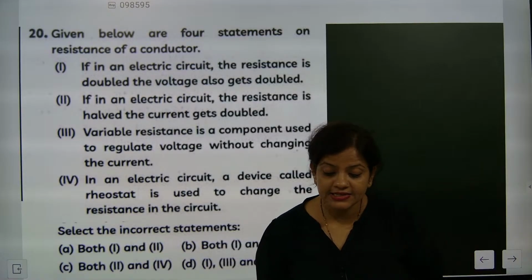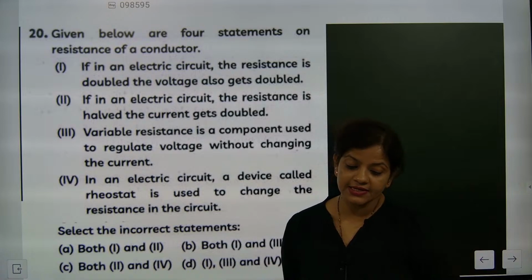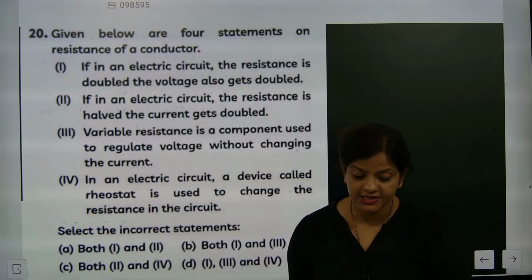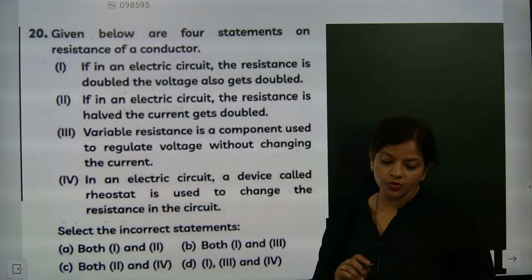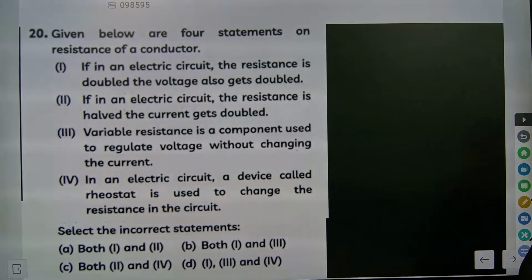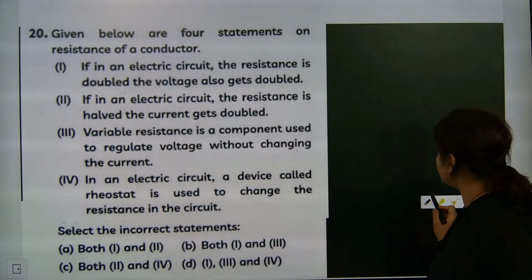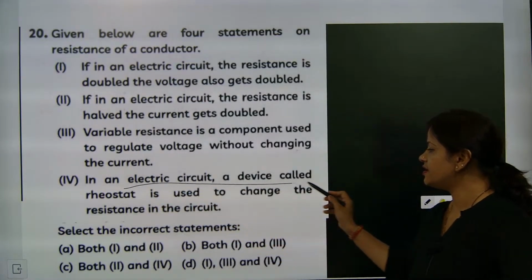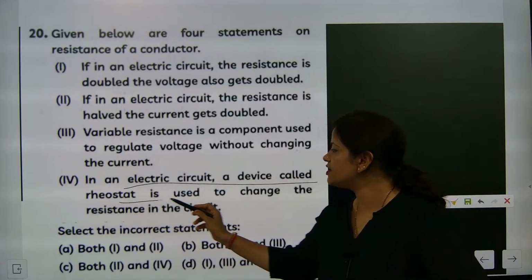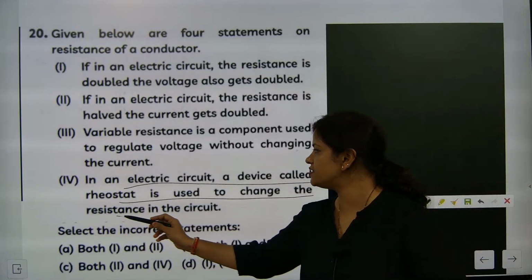Yes, the correct answer here is not C. The correct answer here is B. Everybody, please understand this. First, beta, the wrong one I am going to remove so that you will be able to understand. Check this one, beta. In an electric circuit, a device called a rheostat is used to change the resistance in the circuit.